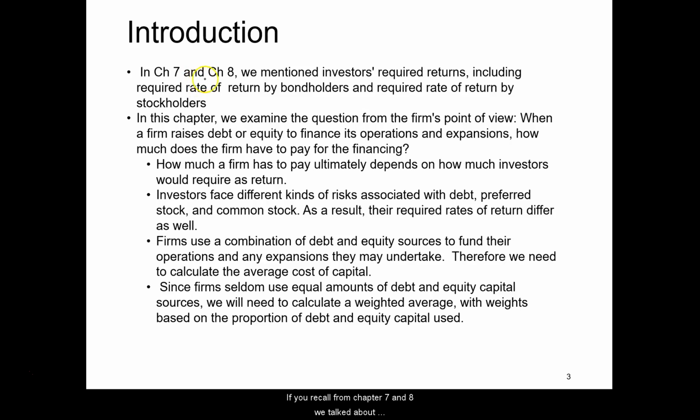If you recall from Chapters 7 and 8, we talked about the required rate of return by investors, including the required rate of return by bondholders and also by stockholders. And these are from the investor's perspective. Here in Chapter 11, we'll think about the question from the company's perspective.